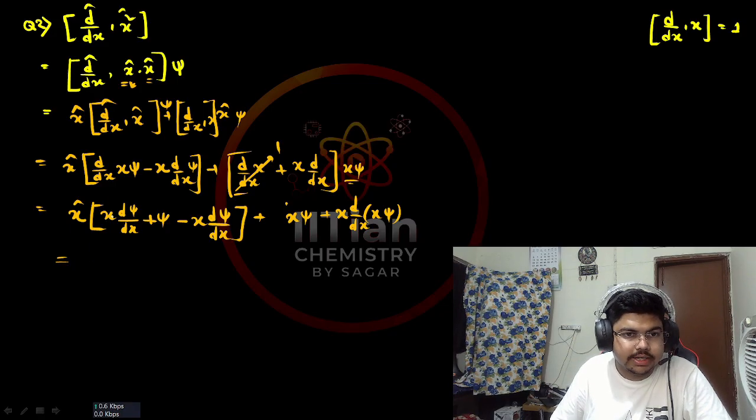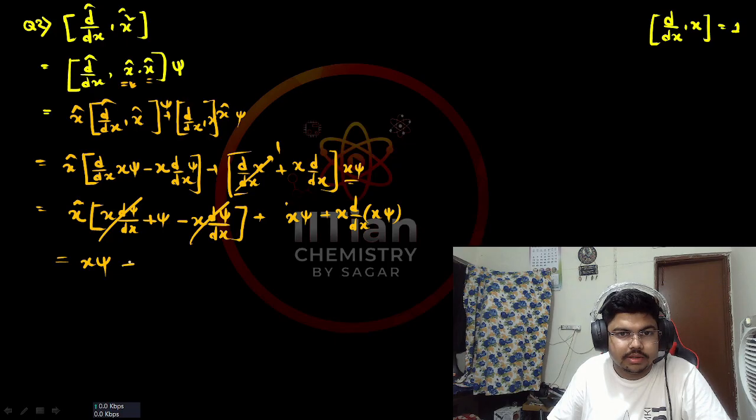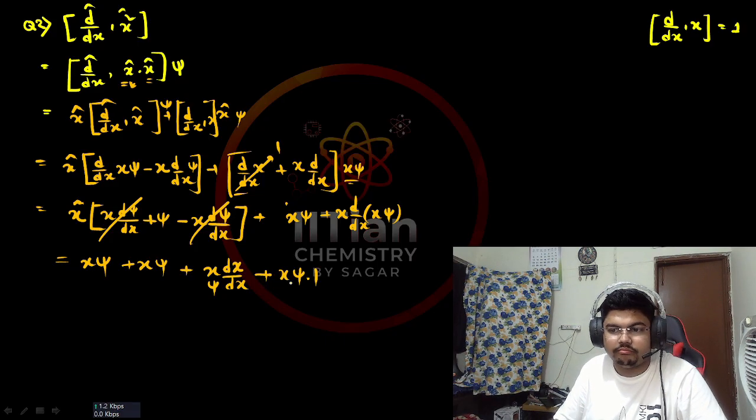Now here we are getting x d psi/dx minus x d psi/dx, cancel out. We are getting just x psi, okay, x psi plus x psi plus x d psi/dx plus x psi into 1, right? Sorry.